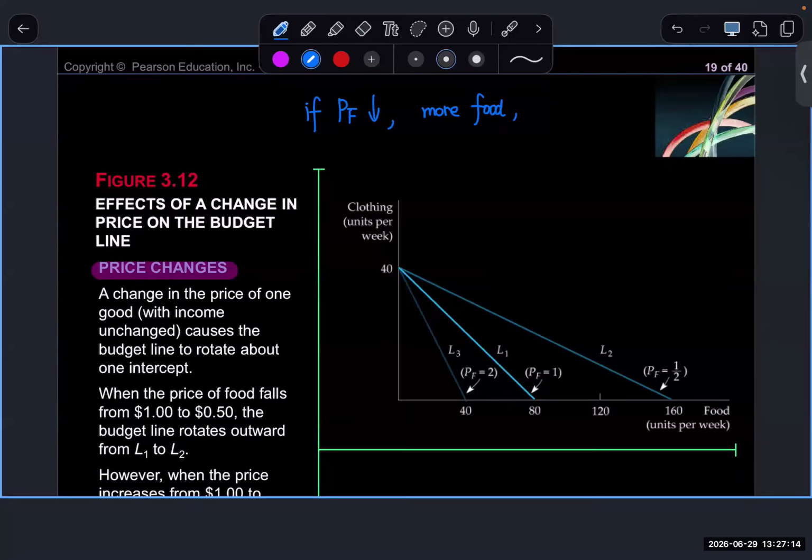So what will happen to the budget line? The budget line is gonna rotate outwards, okay? Here, from L1 to L2.